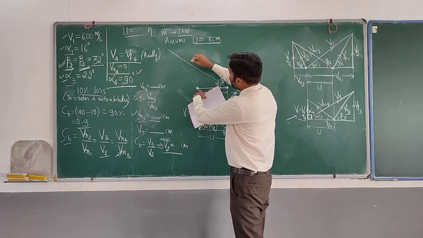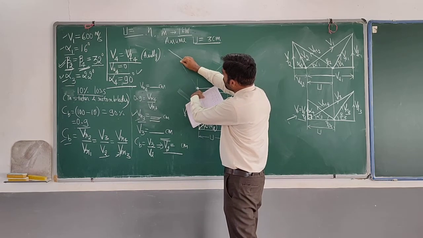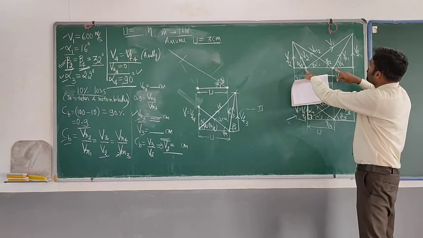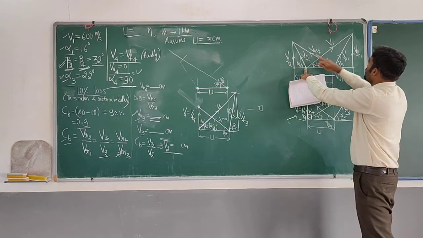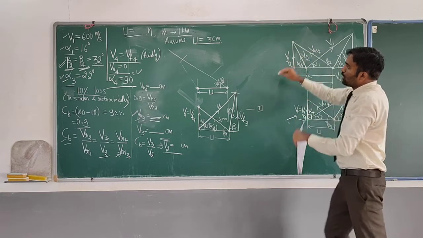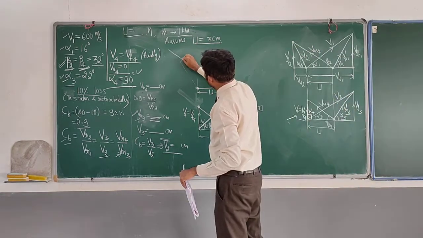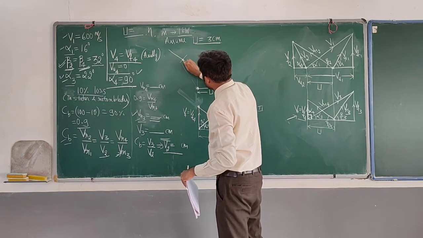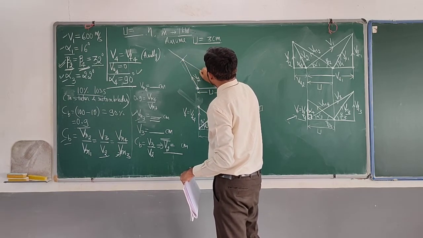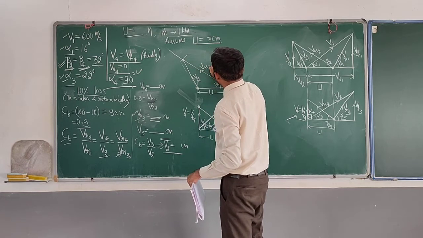Using the compass we can cut the length V2 on this line, because from this point it is V2, from this point it is beta 2 angle or VR2, and they are intersecting at some point. So I can join this line. Now this will represent V2, and this will represent VR2.